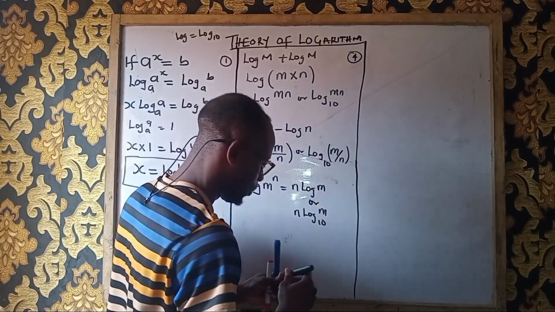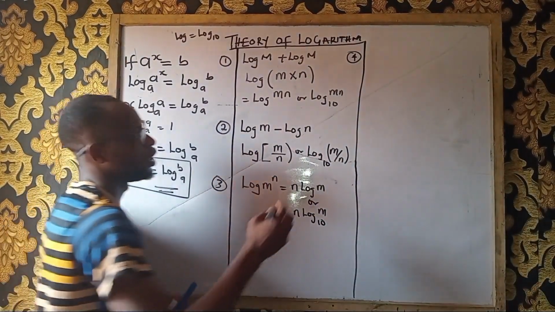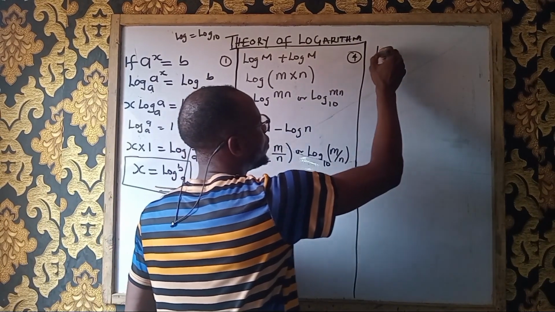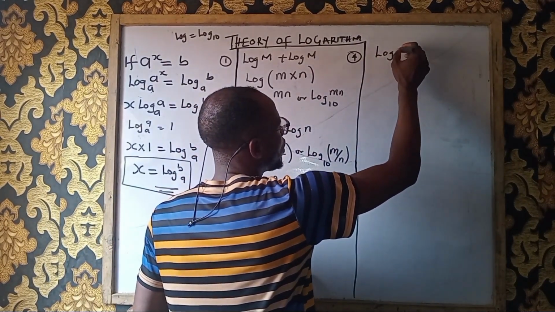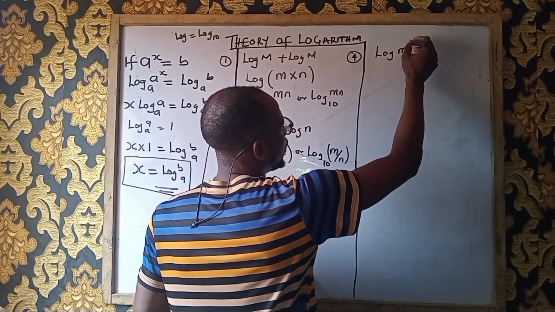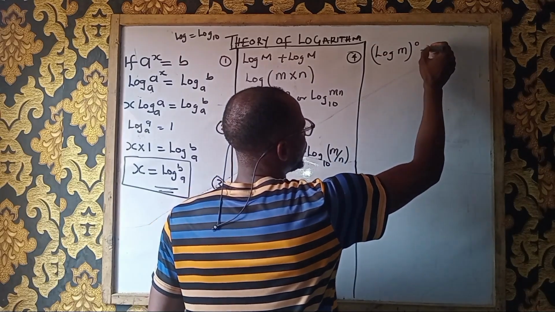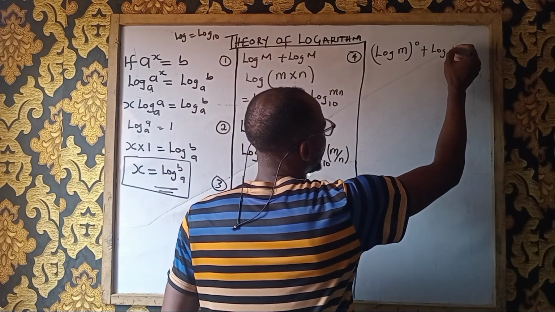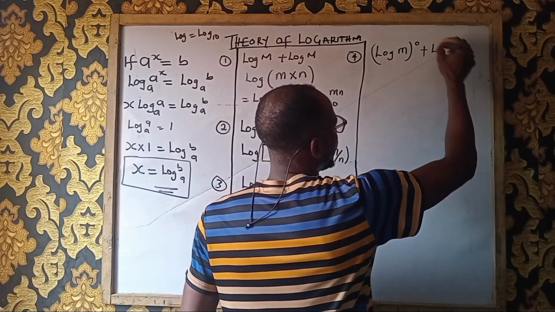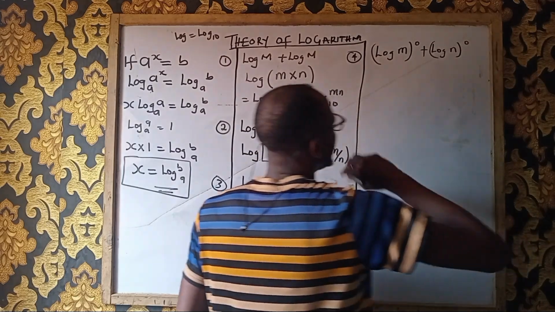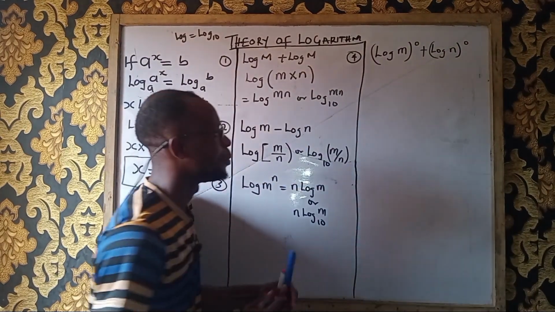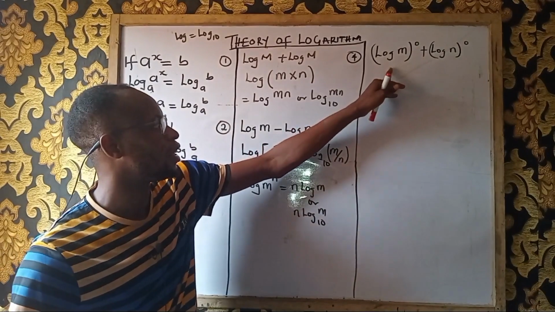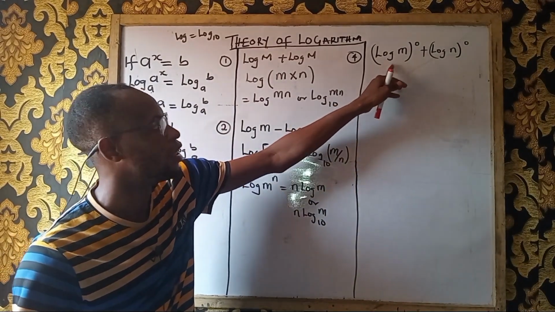So let's look at another law. This is just a very simple law, okay? Let's take, for instance, we have log m all raised to power 0 plus log n all raised to power 0. You can see there's a bracket here. This bracket indicates that everything inside is raised to the power of 0.